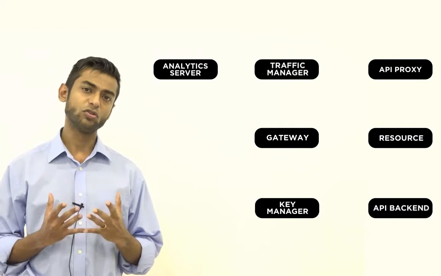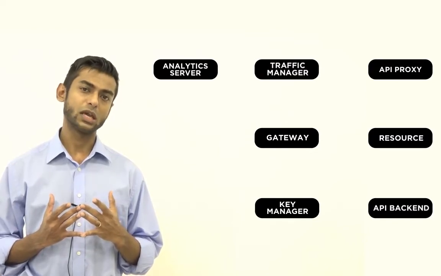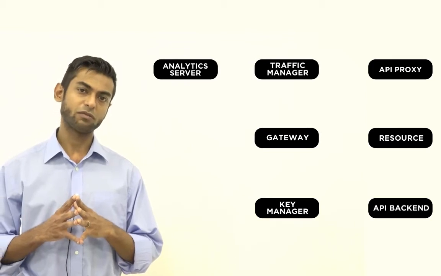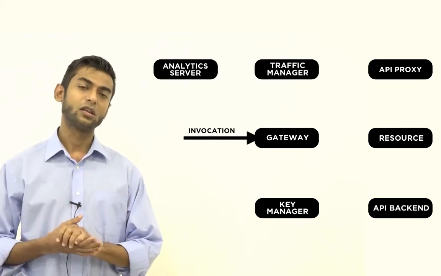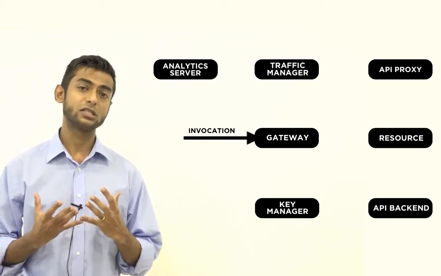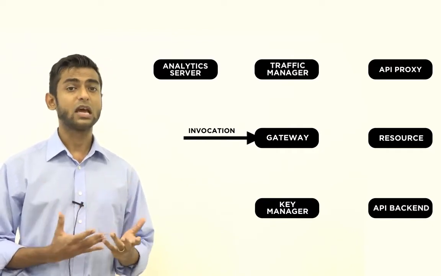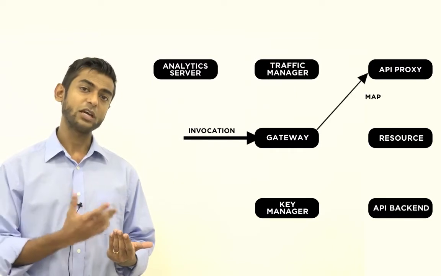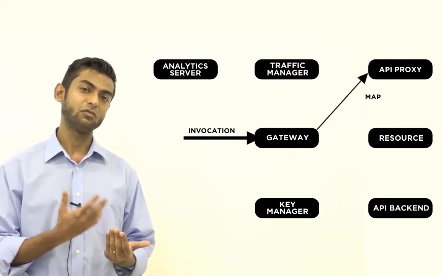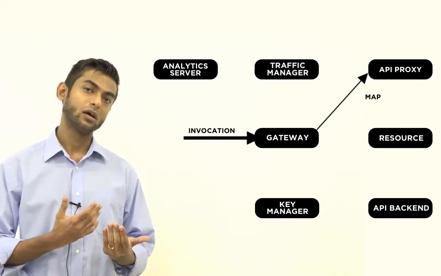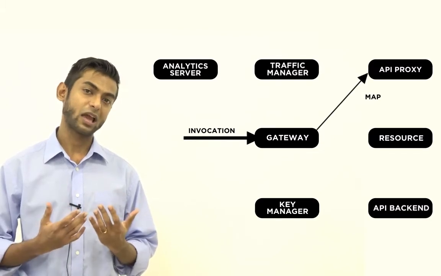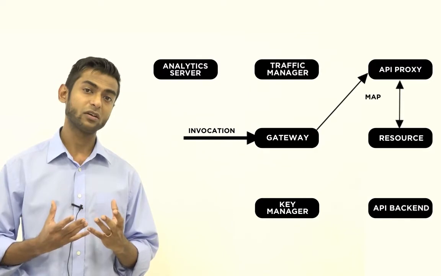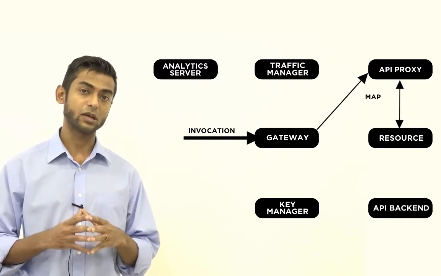So if we take a closer look at how the API gateway functions from the point of an API invocation, the first thing that the API gateway does is it will intercept the actual API invocation that it receives, and it will try to map that invocation with an API proxy and resource that is already running on that API gateway.